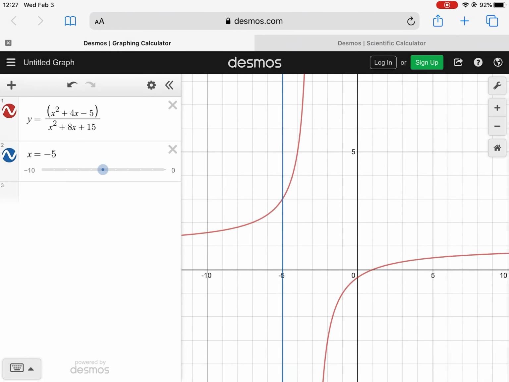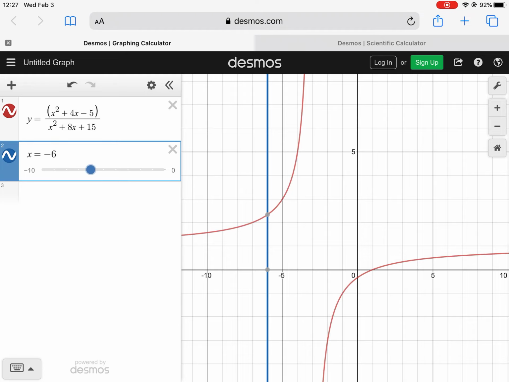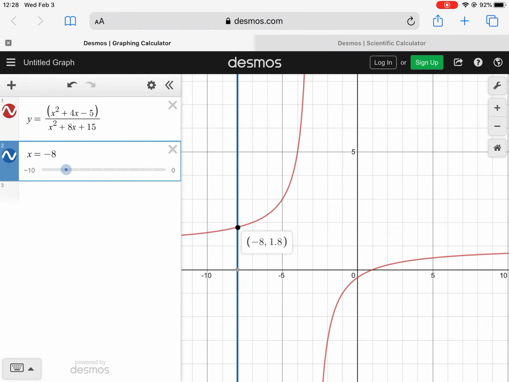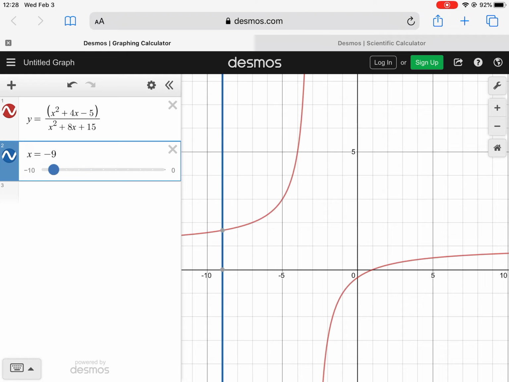So we're going to do this another way. I'm going to graph x equals negative 5. Here's this line that's going to move around, x equals different values. And if I click on the graph, it shows me where it intersects. So at negative 8, the y value is 1.8, and I could keep moving that, negative 9. So let's go to x equals negative 5.